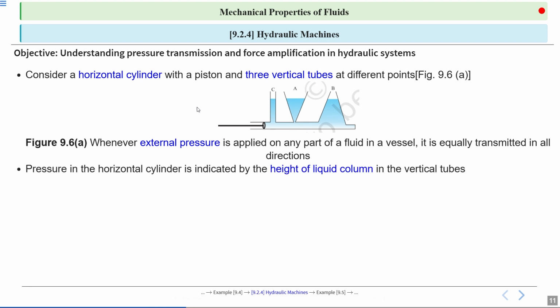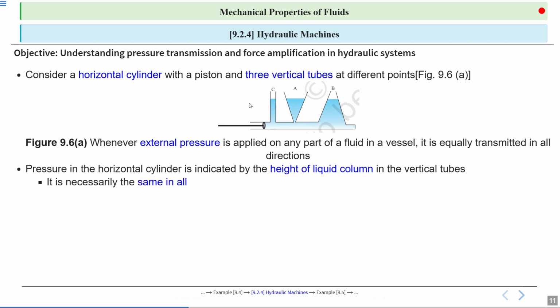So, in this setup, the pressure within the horizontal cylinder is indicated by the height of the liquid column in the vertical tubes. Look at here, A, B, and C. This visual representation helps us understand how pressure is distributed within the system.